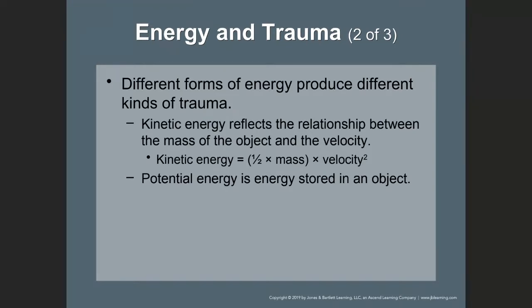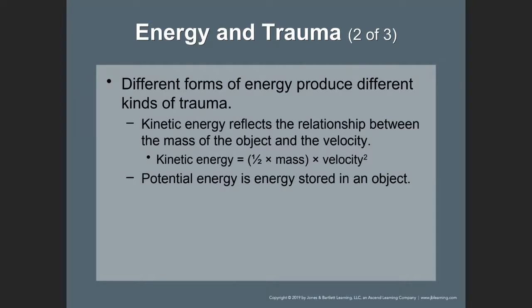And the formula is kinetic energy is half times mass times velocity squared. The speed has greater effects on the force of energy than the size of the object. So speed greatly increases force.